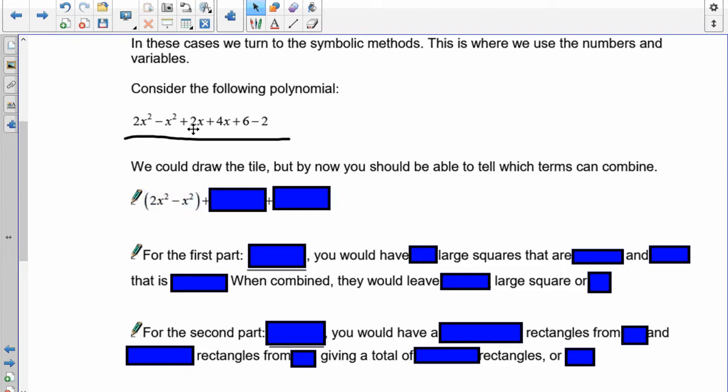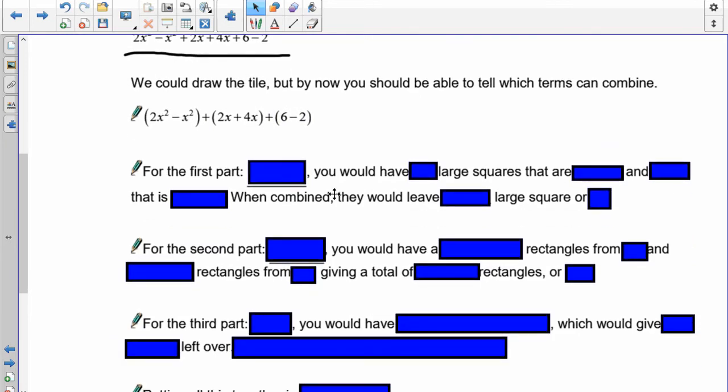We can put together the plus 2x and the plus 4x. And we can put together the positive 6 and the negative 2. All right? So for the first part, we have 2x squared minus x squared. So I have 2 large squares. Now those 2 large squares, I'm going to take away one of them, right?